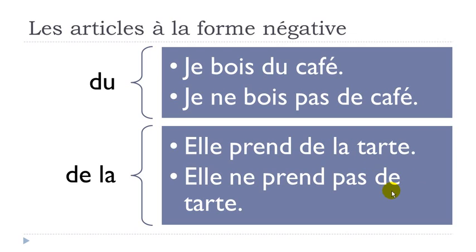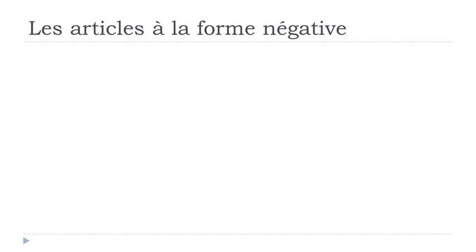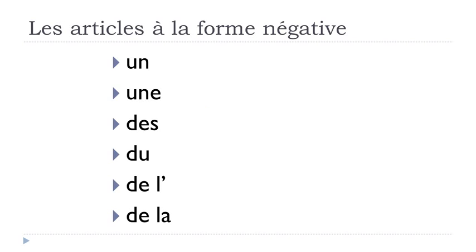All right? So what can we say if we've got un, une, or des, so what we saw previously, the article indéfini, or if we've got du, de la, as we saw previously, what we call les partitifs?